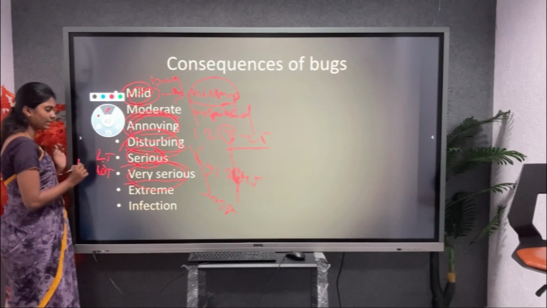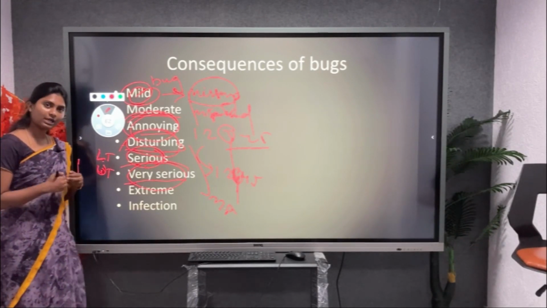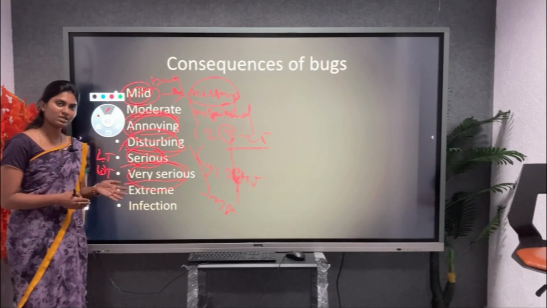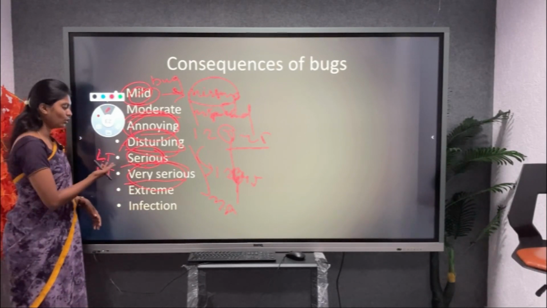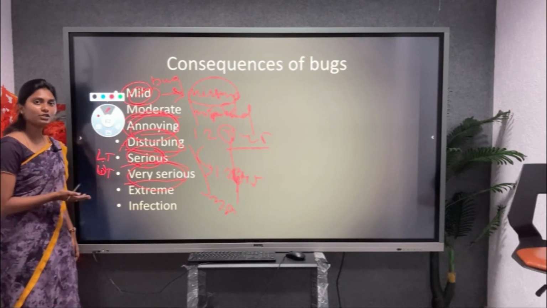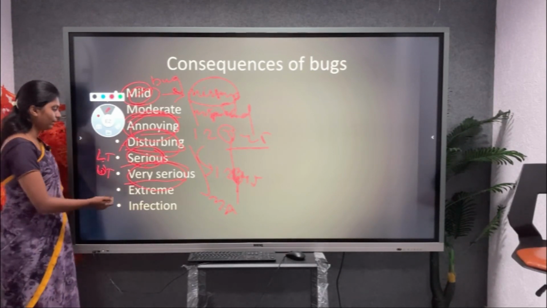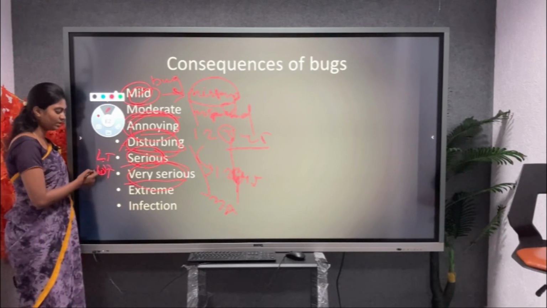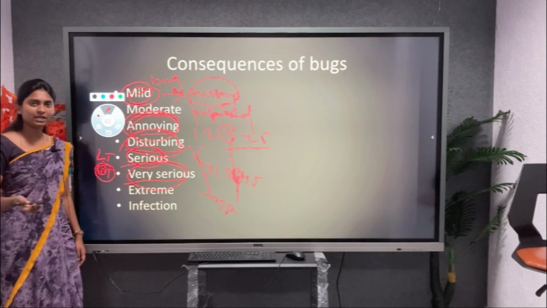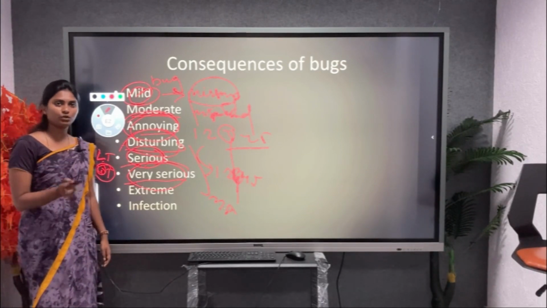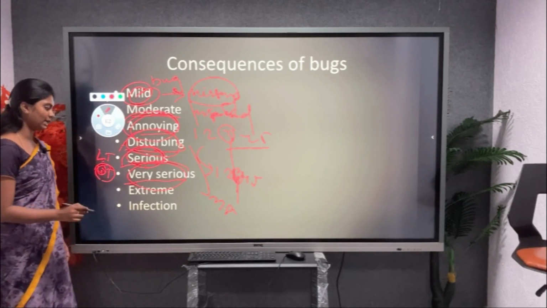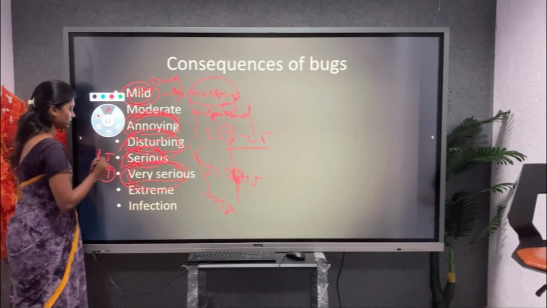Loss of transactions means that while information is passing from one system to another system, there is no data to transfer, so loss of transaction occurs. Coming to very serious, worst transactions means unwanted data must not pass to other transactions, which also leads to a bug. So serious is nothing but loss of transactions, and very serious is nothing but worst transactions.